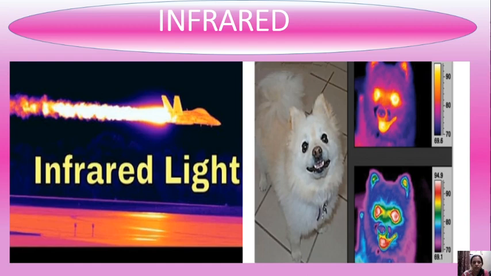Here you can see infrared. You can see two images which are showing some concept of infrared. So what's the meaning of infrared? Infra, in general, what's the meaning of infra? We can say it's just a prefix, which can be used with other words for the formation of compound words.